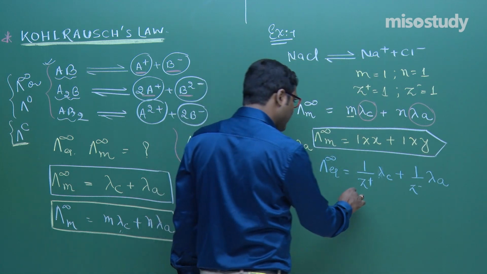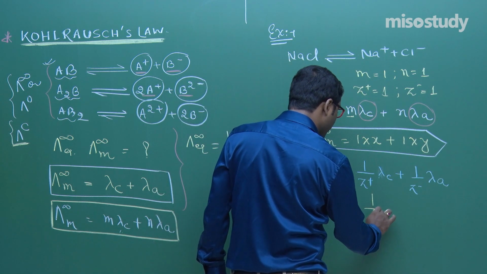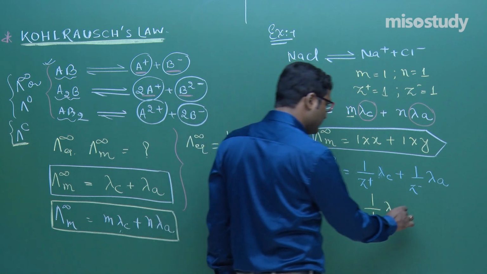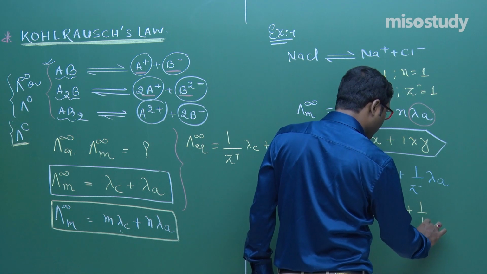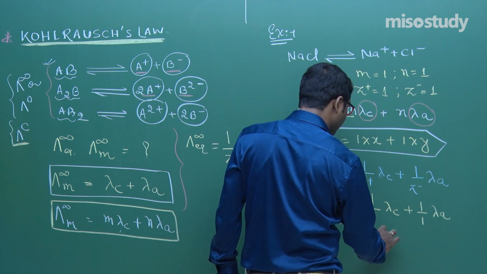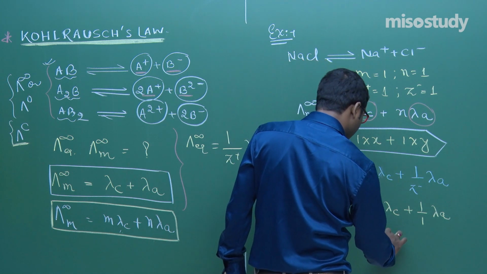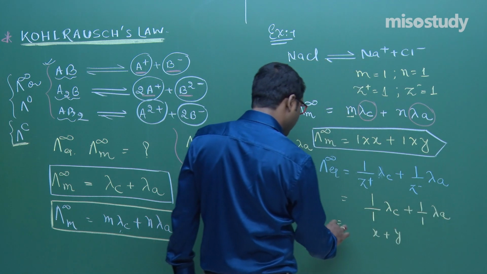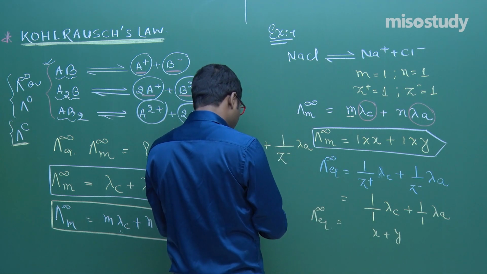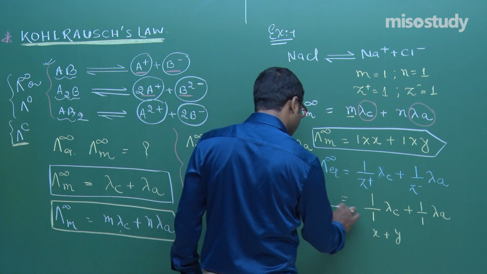Z plus and Z minus, my friend, 1 upon 1 given here plus lambda C and 1 upon 1 lambda A. What is lambda C given here, my friend? X. Clear to you? And what is lambda A given? Y.